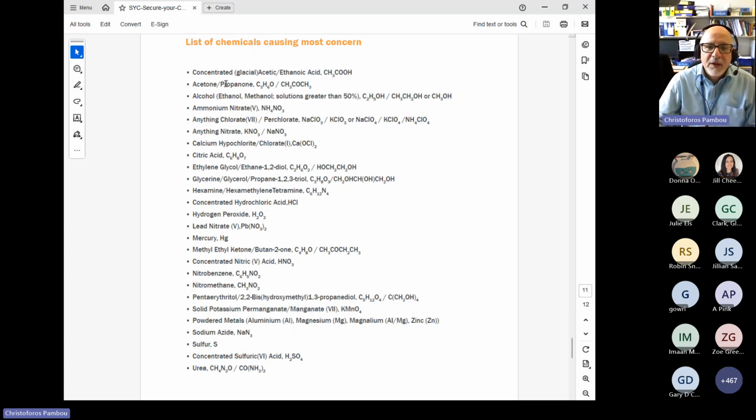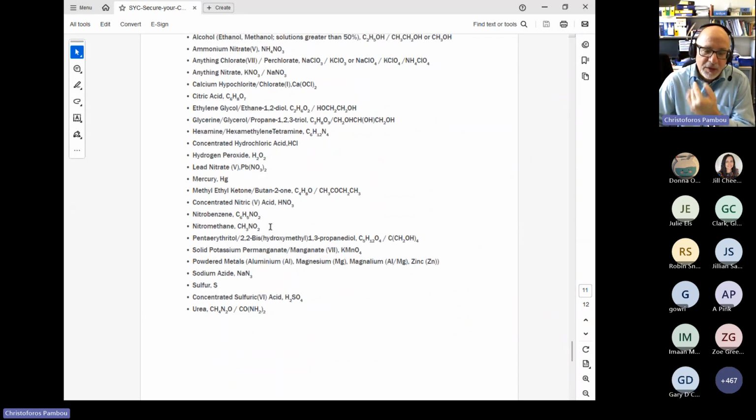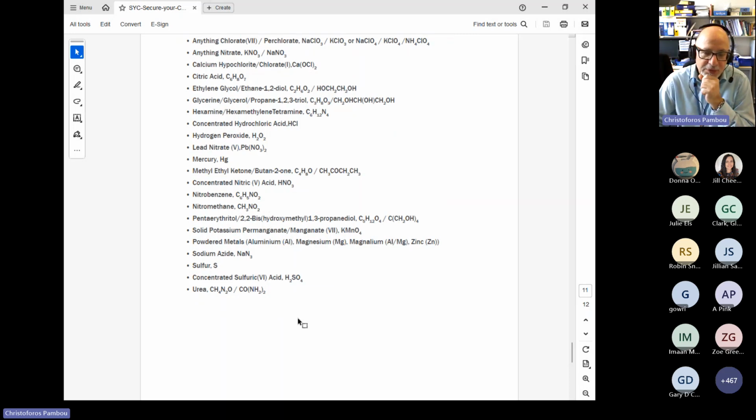We have ethanoic acid, acetic acid, acetone, alcohols, all the nitrates and the chlorates on the list. But some things like citric acid, you wouldn't think it would be in there, but yes, and even things like glycerin, hydrogen peroxide again, and then the nitrates. So this is the full list.